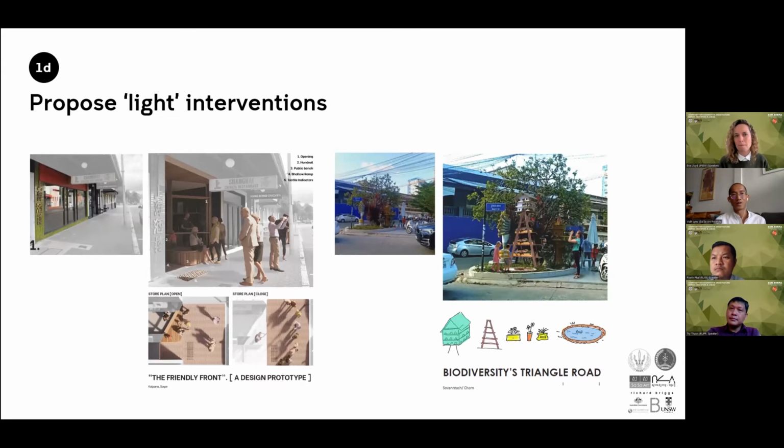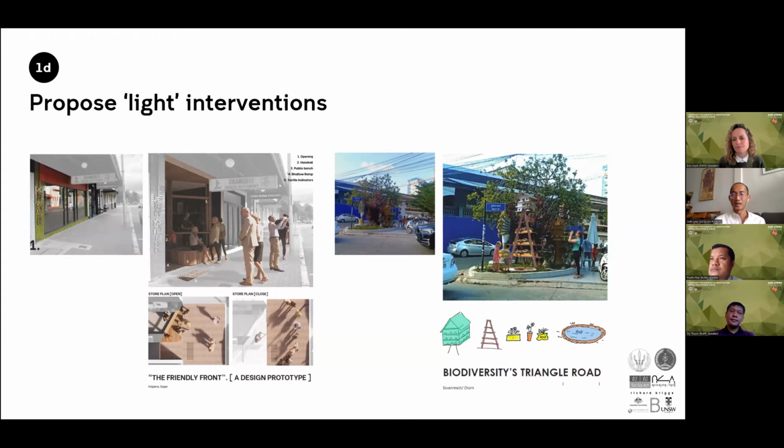So at the end of the course, we asked the students to propose light interventions. The goal for this exercise is to bring in all that they have learned through previous stages as building blocks that we built for the students, to use this community-driven input, as well as their understanding about how a locality is shaped, designed, and adapted by the local communities, to think about what could be a response to that site.